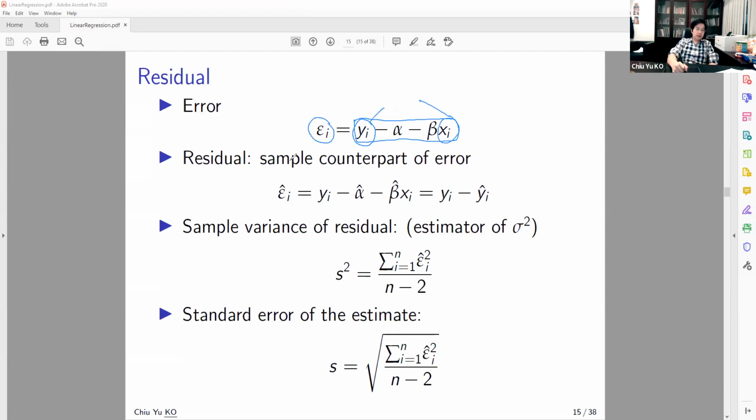But what is the sample counterpart? Okay, so you use the actual data, and this is coming from your estimation, right? The beta hat is just the covariance of xy over the variance of x, right? And this again, I'm not going to repeat, but anyway, alpha hat is just y bar minus beta hat x bar, and this one is the estimated residual. Okay, it's called the residual.